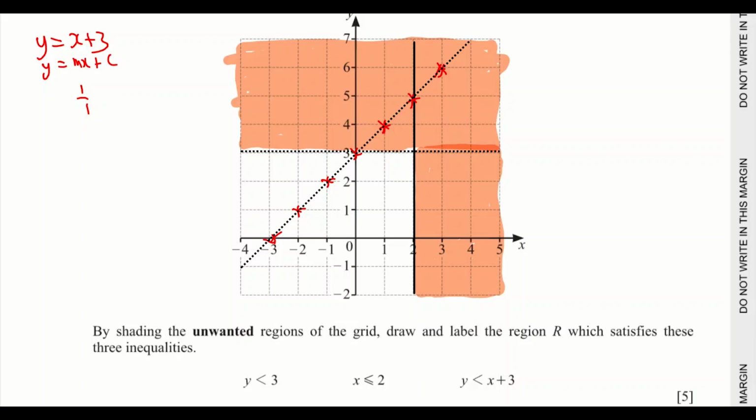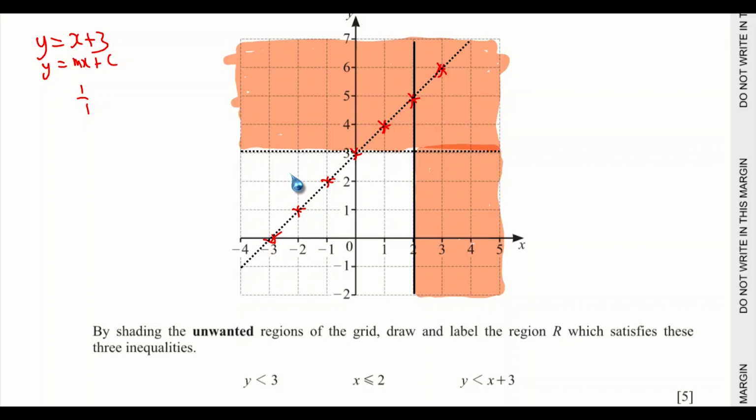Now we need to get the side where y is less than x plus 3. In case you're always confused with this, what you need to do is very simple. We have the upper part here and the lower side here.